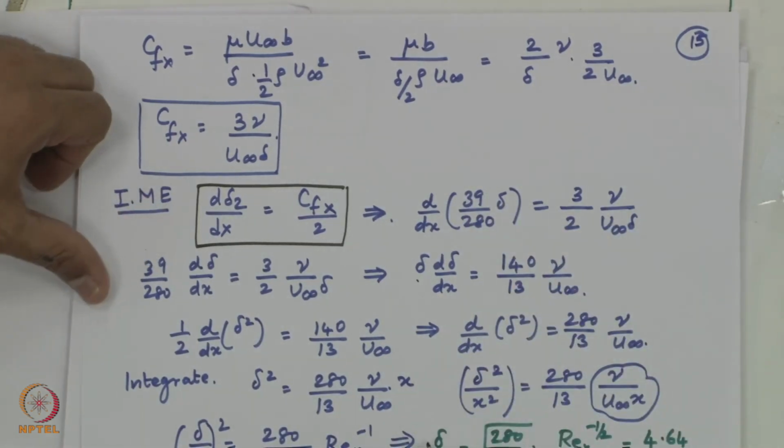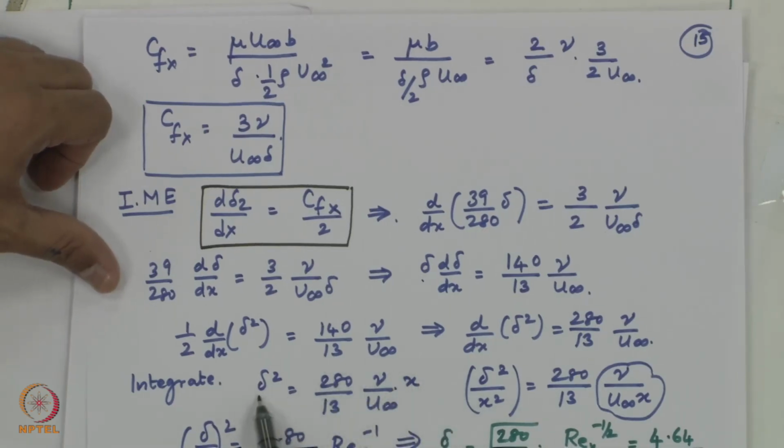On separating the variables and performing one integration, we get delta squared is equal to 280 by 13 times something which looks like the Reynolds number, which on a little manipulation, multiplying and dividing by x squared, gives delta by x the whole squared is equal to 280 by 13 Re to the power minus 1.